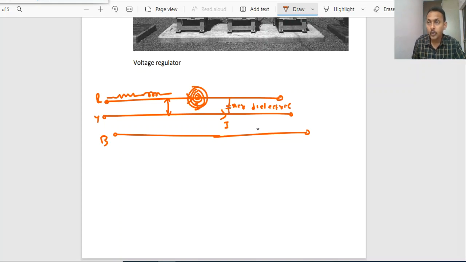So if you want to represent the transmission line in its equivalent form, of course, here we have a huge tower. These lines will be going on.